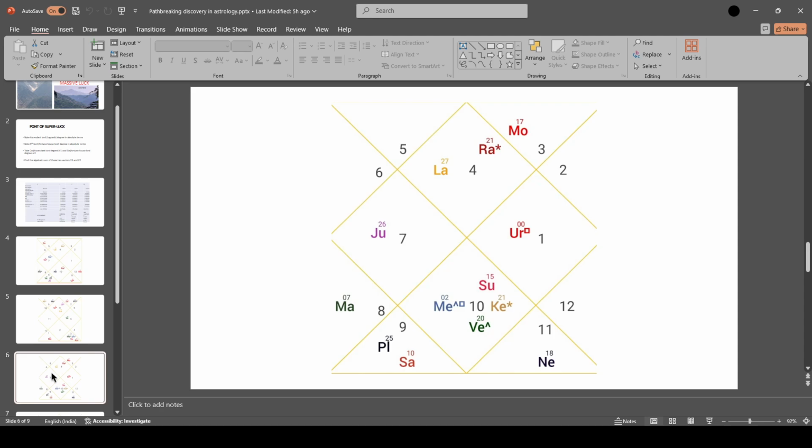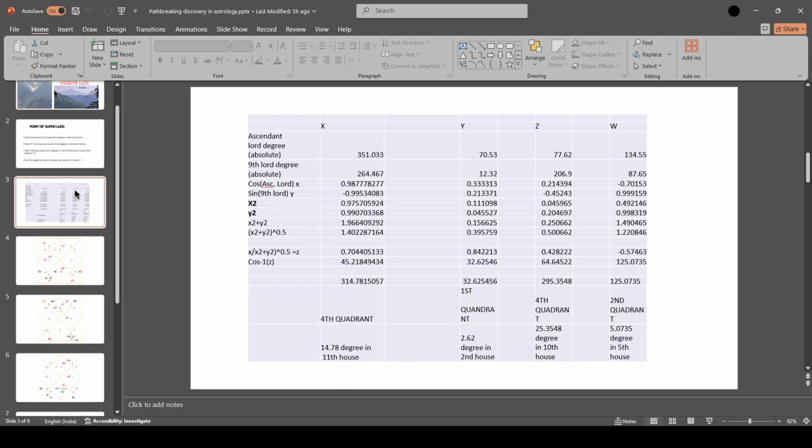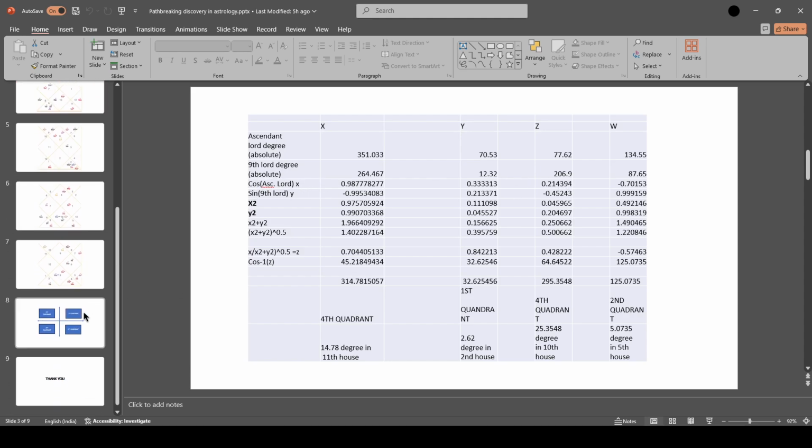This is another chart again with Cancer ascendant. You can see the ascendant lord is in 12th house and ninth lord is in 4th house. These are the absolute degrees. Take cosine of the ascendant lord, sine of the ninth lord, and take x square, y square, add them up, take the square root, and find out cos inverse z similarly. But here, just check, the horizontal component is positive, vertical component is negative.